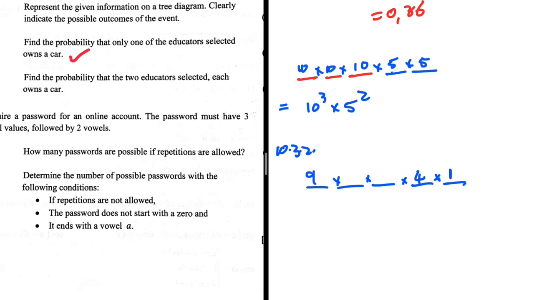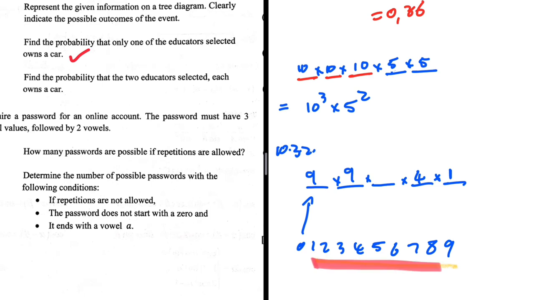Okay, so we have placed a digit on the first spot. How many digits are we therefore left with? Well, we are left with 9 digits here because we have 0, 1, 2, 3, 4, 5, 6, 7, 8, 9. This is 10, right? We cannot place 0 on the first spot. So we are only interested in these 9 digits, right? And then after we place one of those 9 digits on the first spot, let's say we place 7, we are still left with 9.